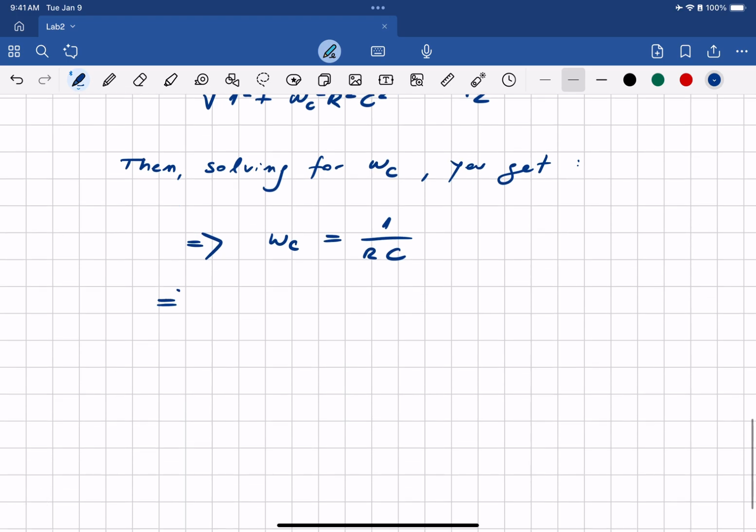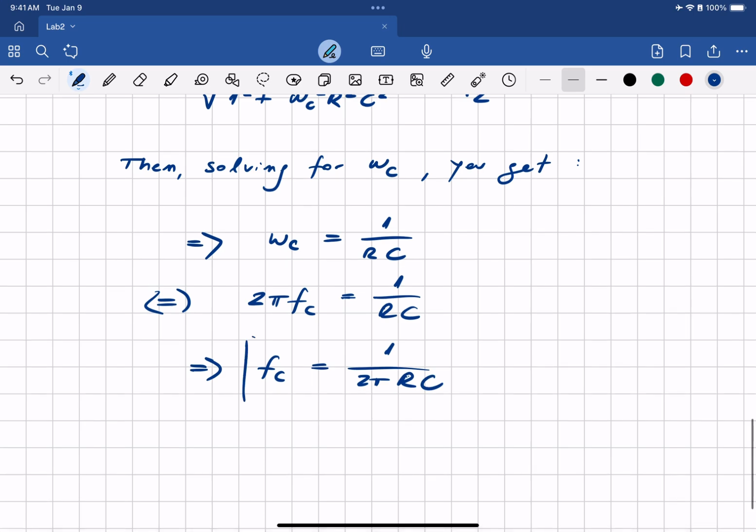We know that omega c is 2 pi times FC, so finally we get FC equals 1 over 2 pi RC. That's the cutoff frequency of this transfer function.